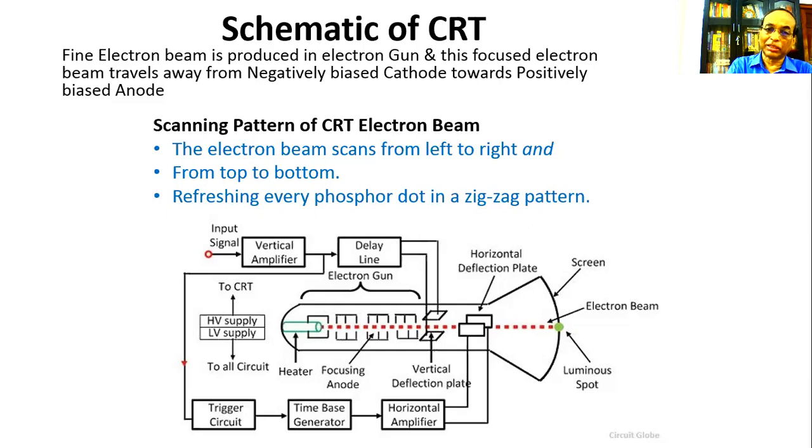In the magnetic deflection system, there will be the magnet coils, the horizontal coil and the vertical coil, replacing the plates, and the signal will be given to those coils. Those are used in the TV screen and in the computer monitor. This was the very basic monitor used in the TV and in the computer display system.